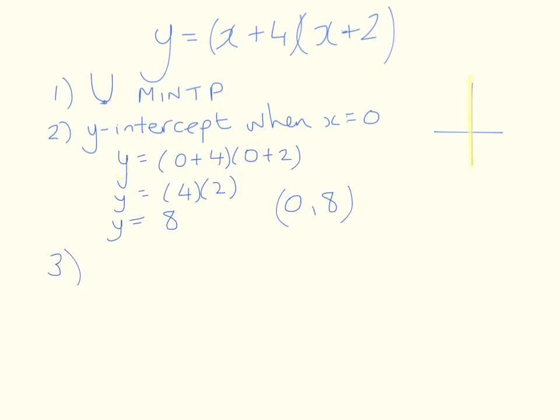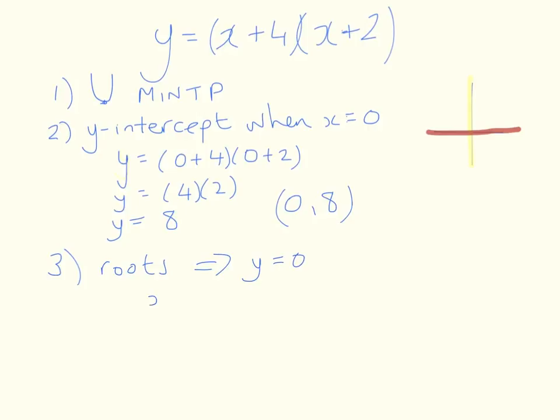The next point of interest is where my parabola crosses the x-axis. Where it crosses the x-axis, they're called the roots. So the roots occur when y equals 0.